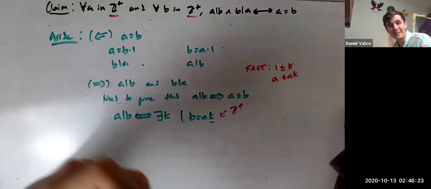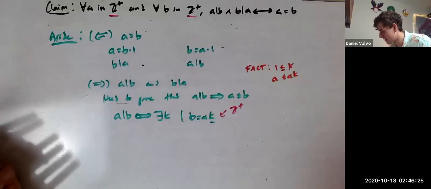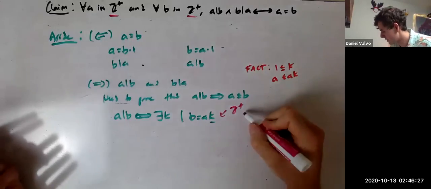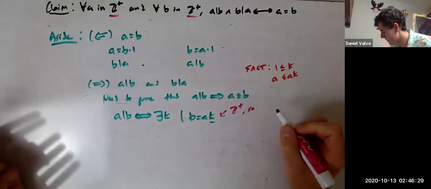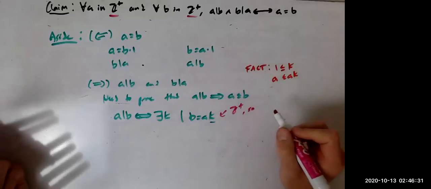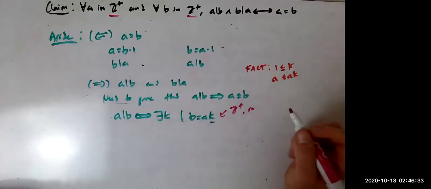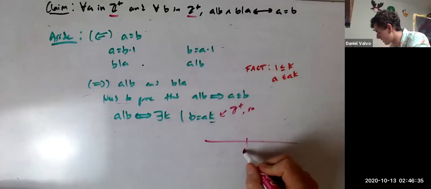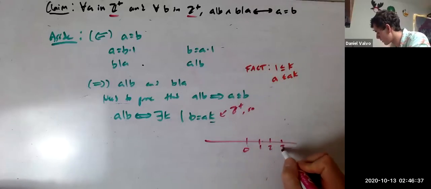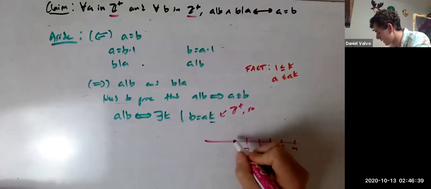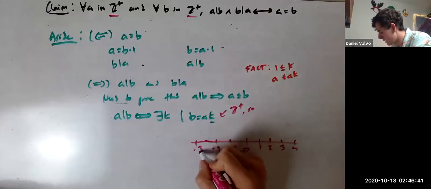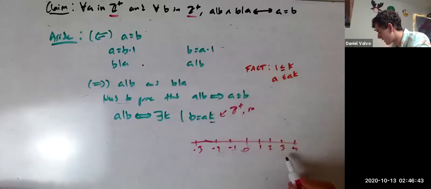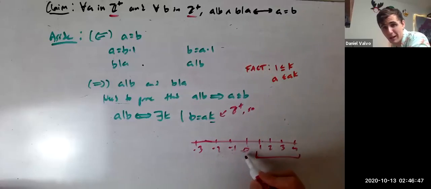Notice, what's the smallest positive integer? Is it just 1, right? I mean, if we look at the integers, we have 0, 1, 2, 3, 4, -1, -2, -3. The positive ones start here. 0 is not positive, because it's not greater than 0.